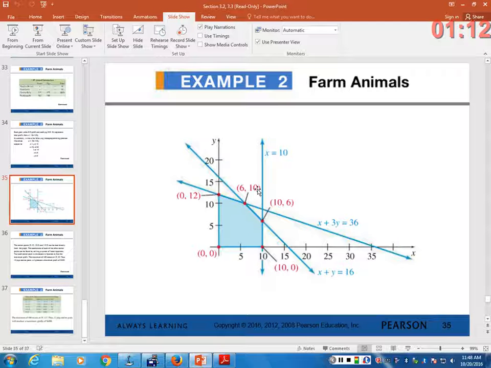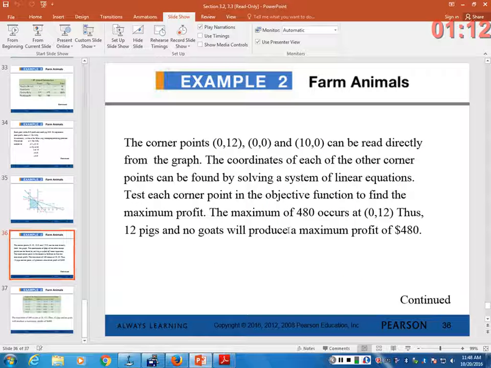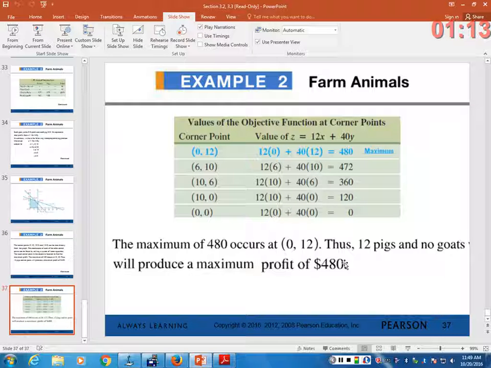So 6 goats or 10 pigs, or 10 goats and 6 pigs are the other corner points. And the maximum occurs at 0, 12, so she is going to raise 12 pigs and no goats. Because we like bacon better than we like goats. Okay? So that's the table that shows how she got her maximum profit.